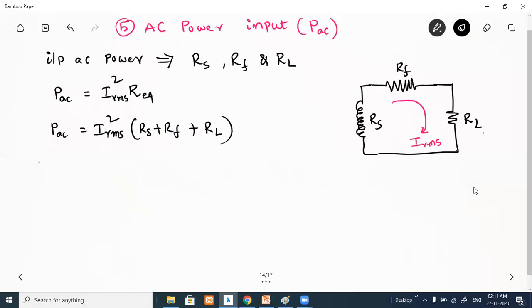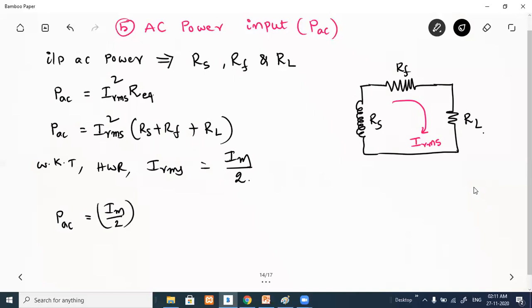And we know that for the half-wave rectifier, IRMS equal to Im by 2. Substitute this in the above expression, then PAC equal to Im by 2 whole square into Rs plus Rf plus RL.